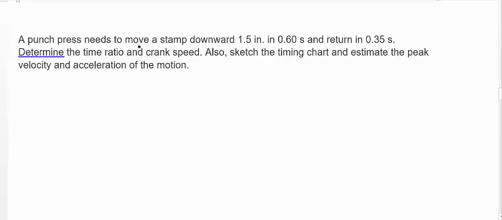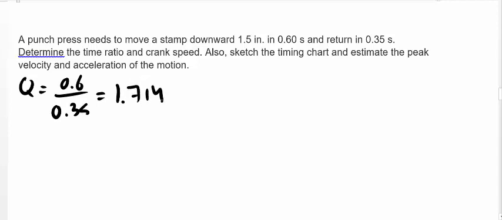Alright, so we'll start with finding Q. Q is equal to 0.6 divided by 0.35, which is a 1.714. Talking about the 0.6 seconds to advance, return in 0.35 seconds.